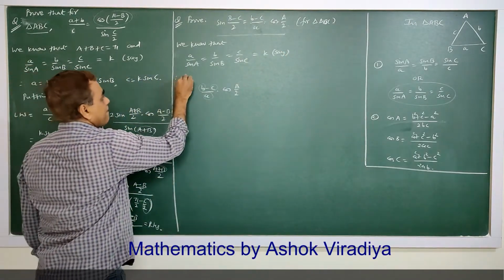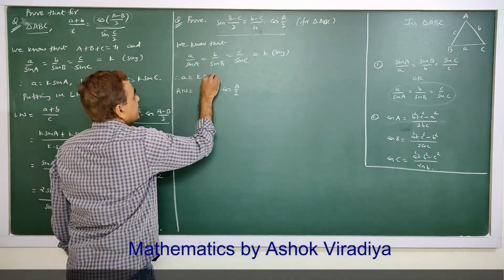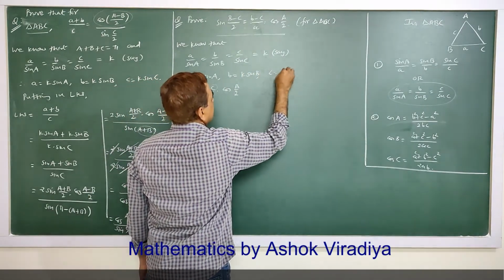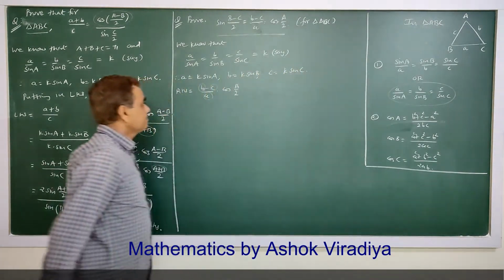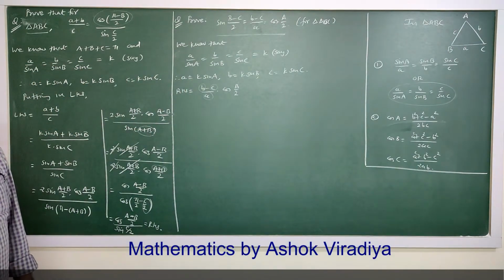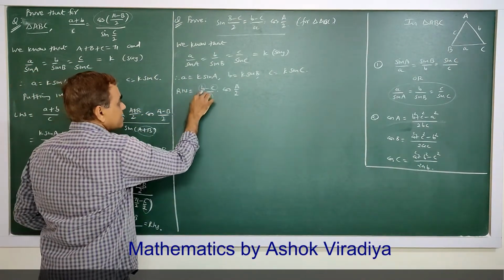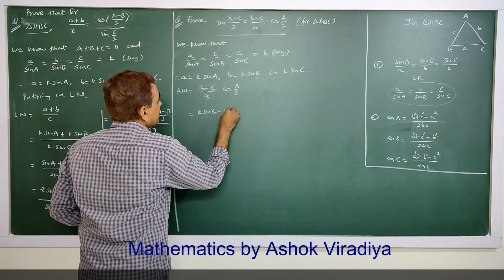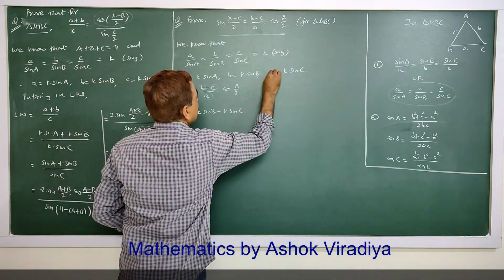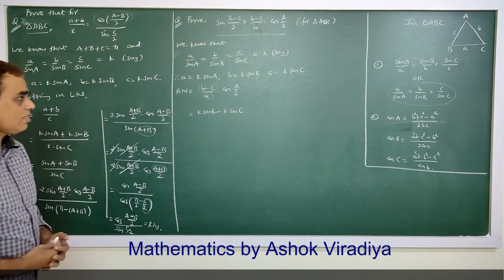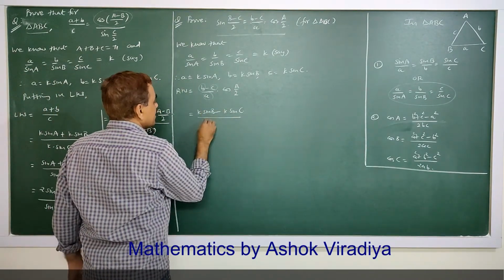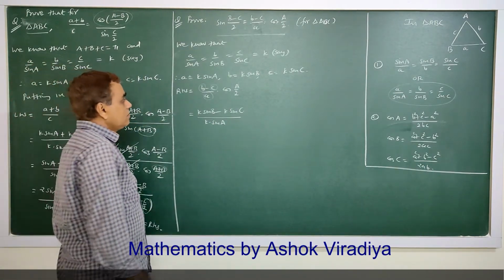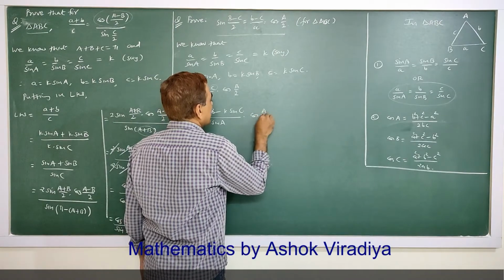So a is k into sine A, b is k into sine B, c is k into sine C. Now putting in this, b is k into sine B minus c is k into sine C. This is small c, this is capital C, upon a is k into sine A into cos of A by 2.